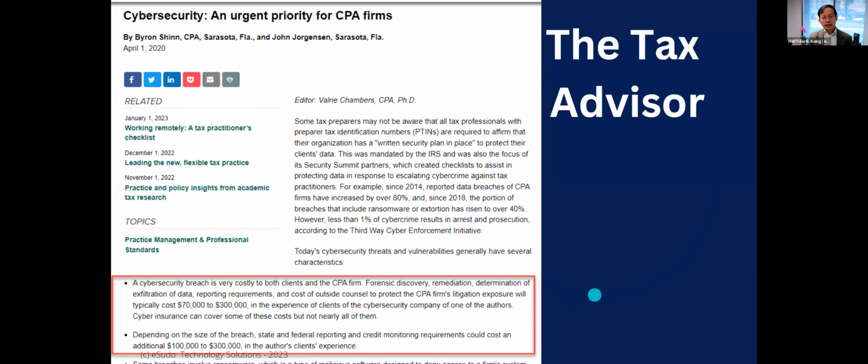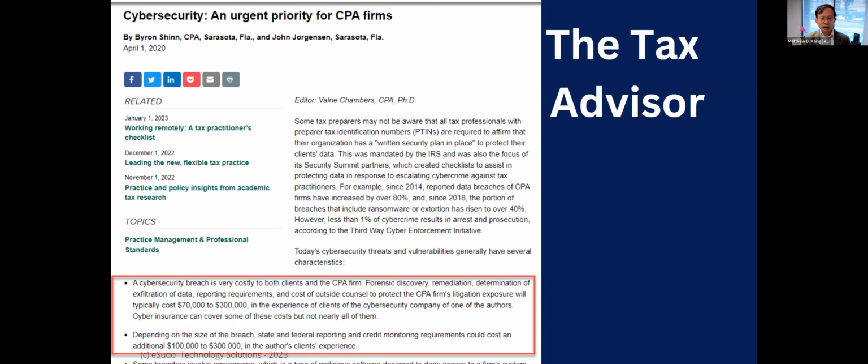So the next part is a website called the Tax Advisor. In this site, what we see is that increasingly tax professionals are being targeted by identity theft, according to the IRS website.